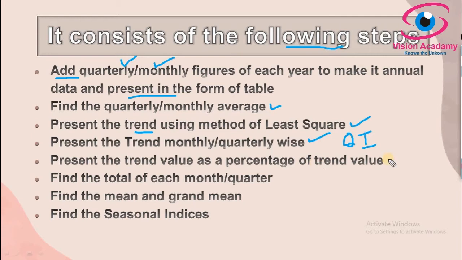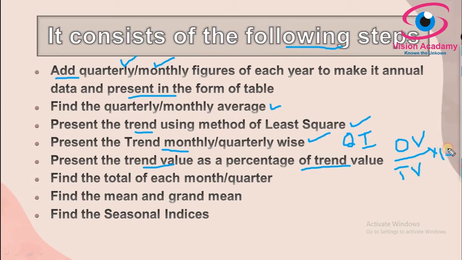After presenting the trend value for month or quarter, you present the original values as a percentage of trend value. You have already presented the value quarterly; now you want to present it as a percentage of trend value, for which you use a formula: the old value given in the problem divided by the trend value found using least square method, into 100.